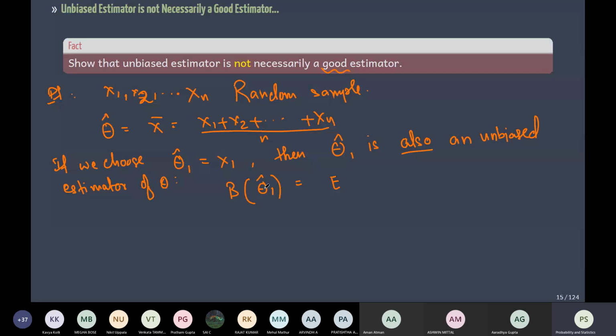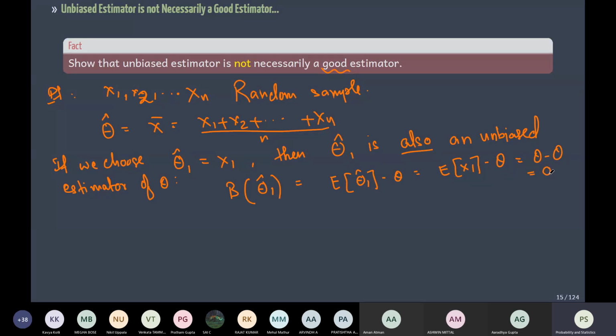But let me first write down the formula for the bias. So theta hat 1 minus theta. Theta hat 1 was x1, so this is x1 minus theta. Now the expectation of x1 is also theta, so it's theta minus theta, that's going to be 0.